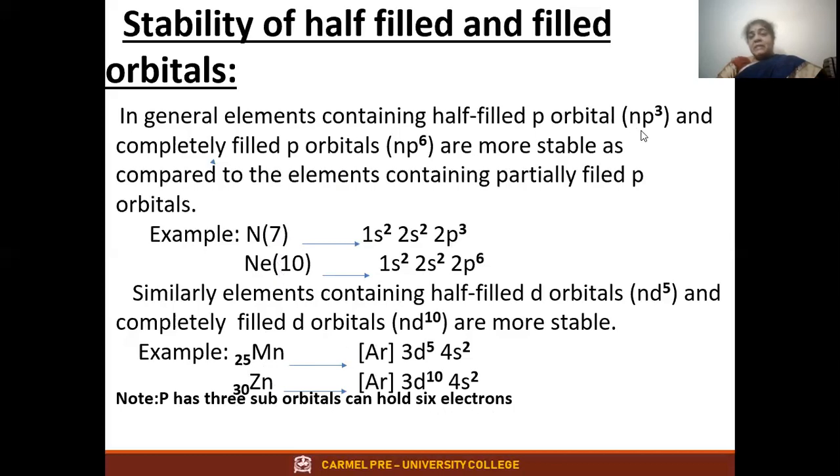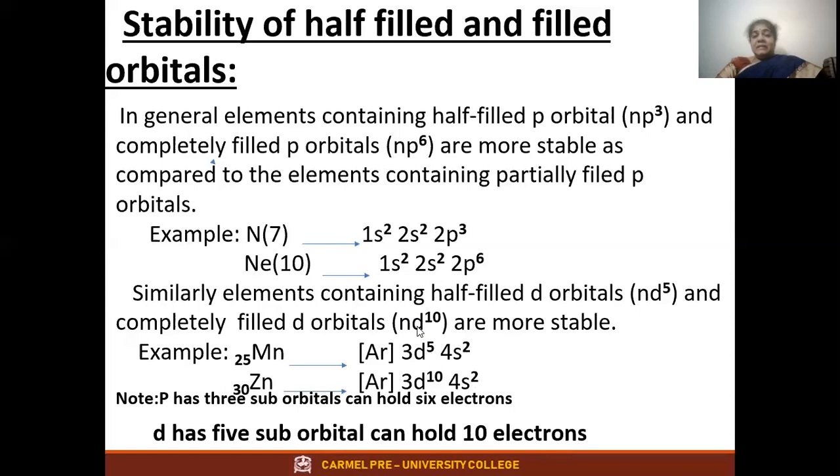The capacity of p orbital is 6. In that, 3 is half filled, 6 is fully filled. Similarly, d has 5 suborbitals and can hold 10 electrons. So d5 will be half filled, and d10 will be completely filled.